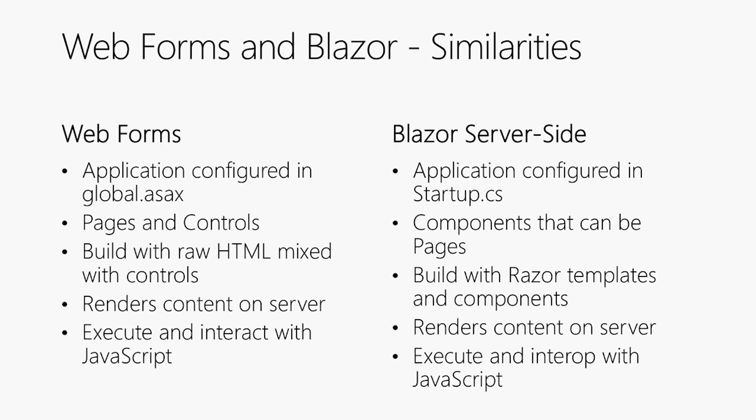Instead of building pages and controls, you're going to build components that can be compiled and listen on a route, much like a page, or consumed like a control. So a lot of flexibility there in what we can do with a component. Instead of building with raw HTML mixed with controls, well, you build with Razor templates mixed with components. And those Razor templates we've been doing since MVC. Well, we know how to use Razor. That's pretty good for us to move on with.